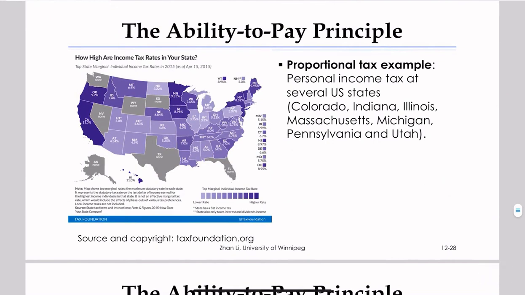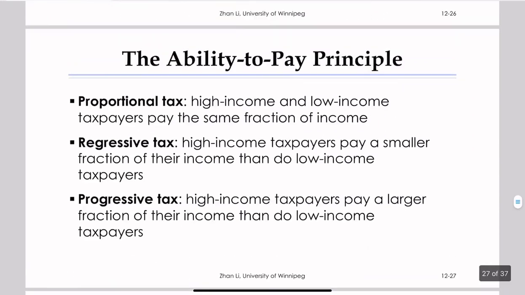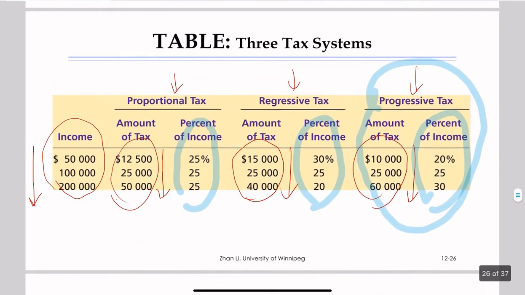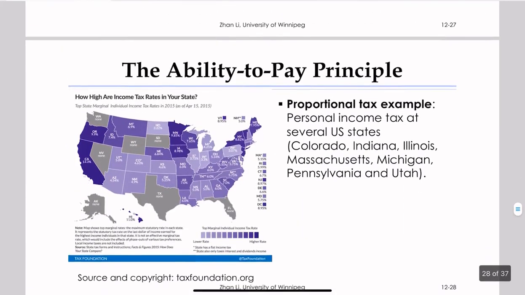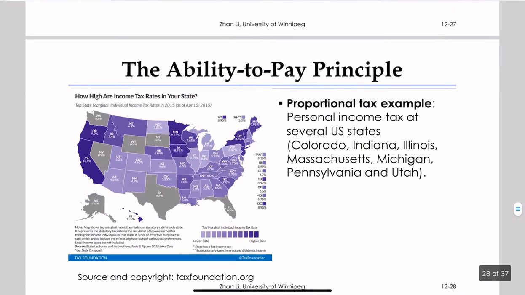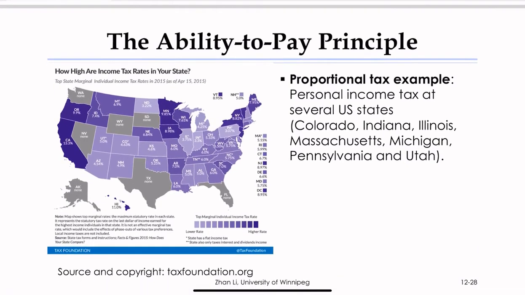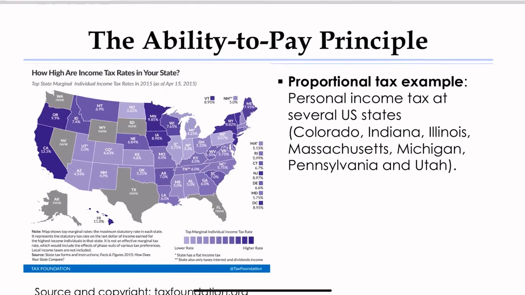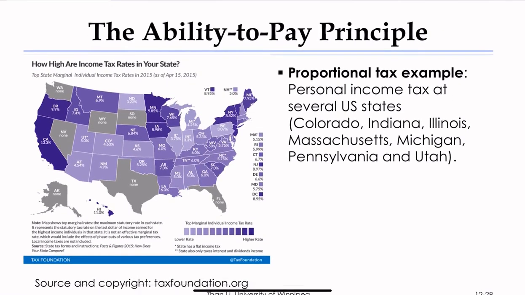Now let's look at these three examples, which will give you examples of these three different kinds of tax systems in real life. This is the state income tax in the US. What you can see here is some states in the US: Colorado, Indiana, Michigan, Pennsylvania, Utah, and some others.